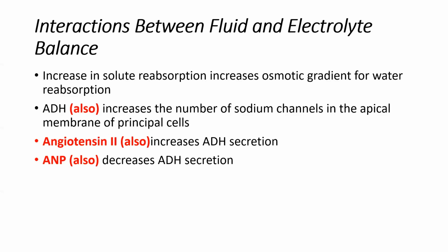And because they play a part in ADH secretion, they are also playing a part in water reabsorption. So angiotensin 2 increases ADH secretion, and in brackets here in your notes, you can put increases water reabsorption. We know the role of ADH is to increase water reabsorption. Whereas ANP decreases ADH secretion, and so ANP also decreases water reabsorption.